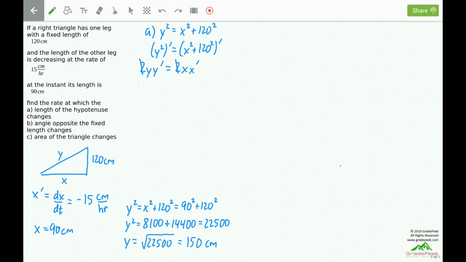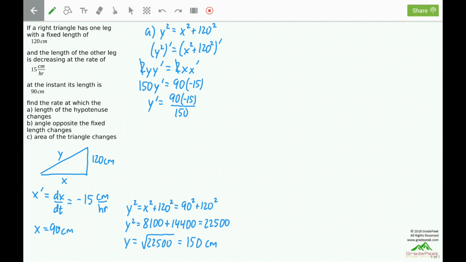We now have a y that can plug in back up here, so we have 150 y prime equals the x given to us as 90 times the x prime, which is negative 15. So y prime, if we solve for it, will be 90 times negative 15 over 150. Now, instead of multiplying 90 times the negative 15, we can reduce the numbers by cancellation with the denominator.